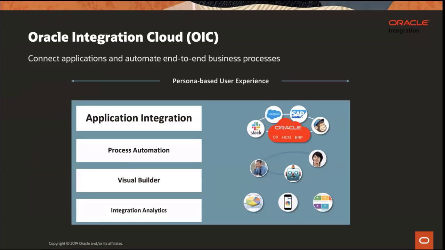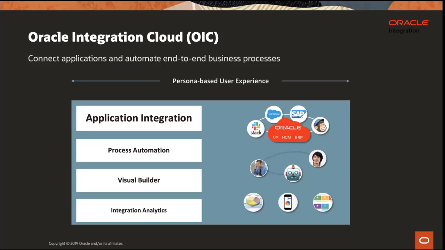So I'll be referring to Oracle Integration Cloud as OIC. That's just the abbreviation for that. So think OIC, think Oracle Integration Cloud. So at a high level, Oracle Integration Cloud is an enterprise-grade application integration platform provided by Oracle.